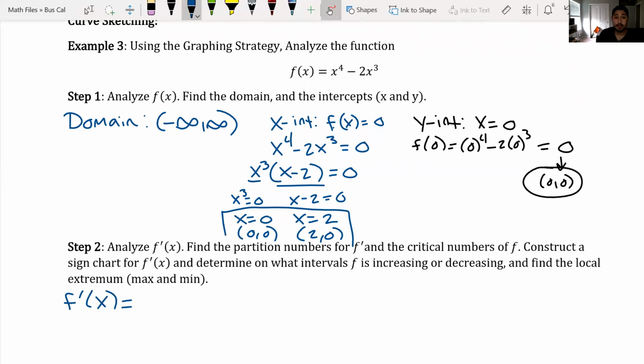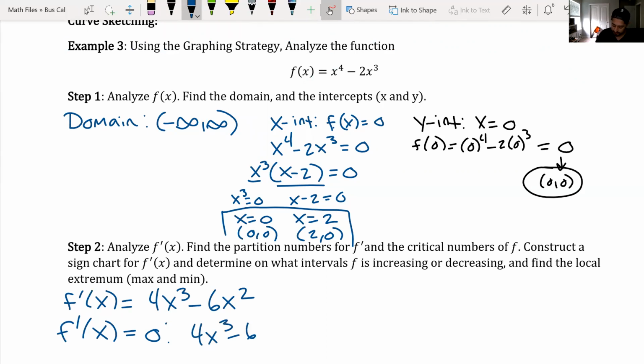So let's find the first derivative. F prime of x, I'm going to get 4x cubed minus 6x squared. And then I'm going to set the derivative equal to 0: 4x cubed minus 6x squared equals 0.